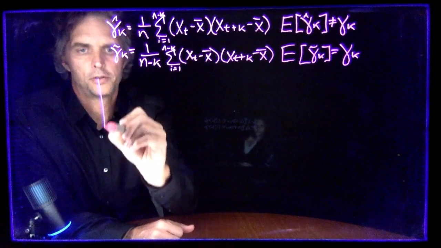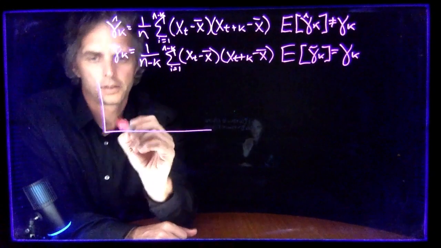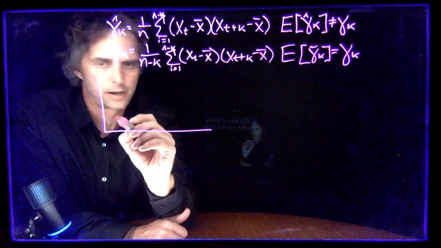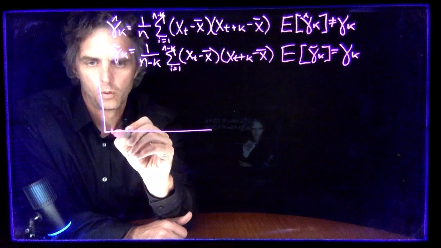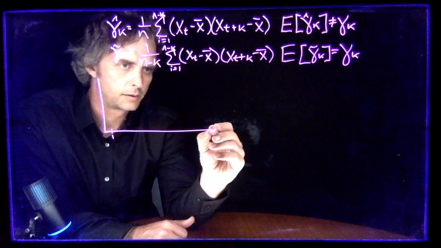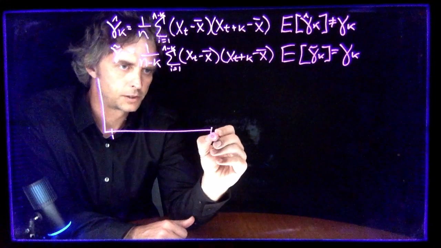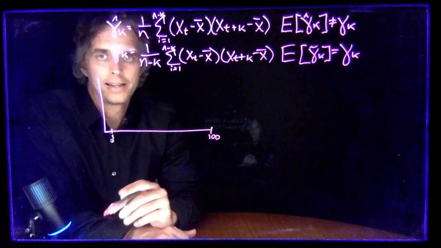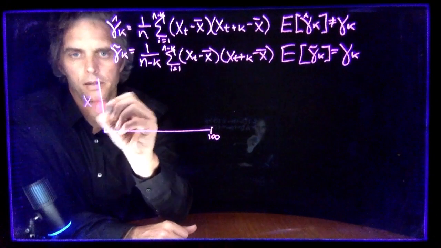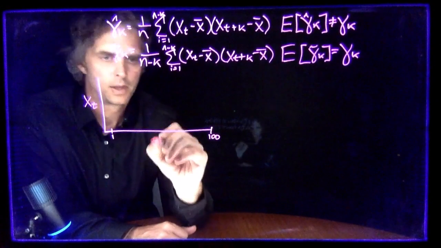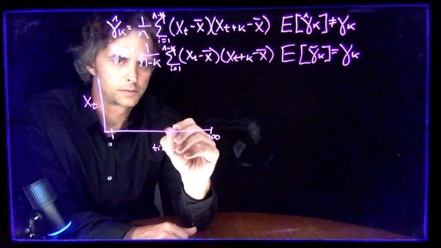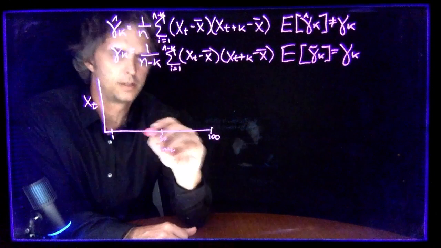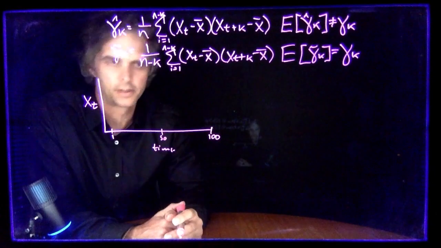So we'll look at two here. First one, I'm not going to put every mark down here, but let's say we go from 1 all the way out to observation 100. So we've got n equal to 100 here. We'll call this xt, and this is time. Just for reference, we'll say that's like 50, and there are 100 observations in there.